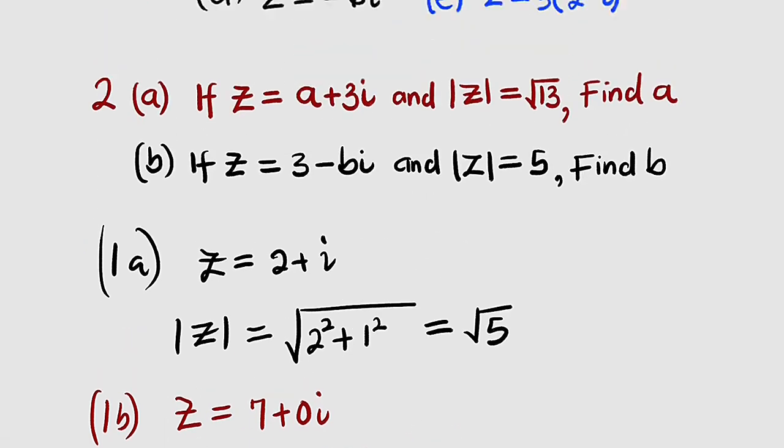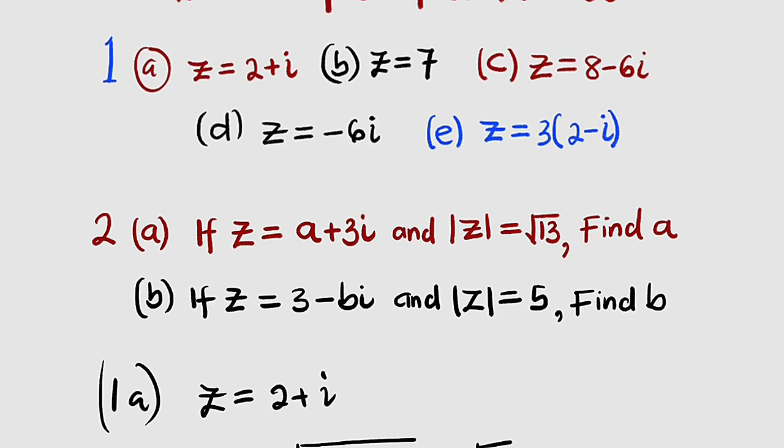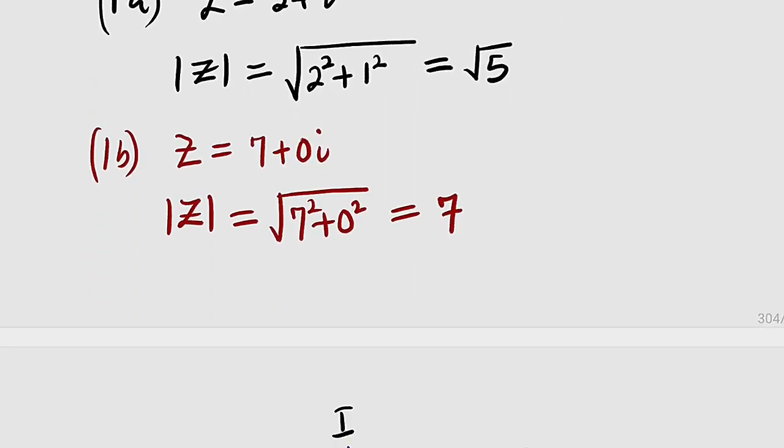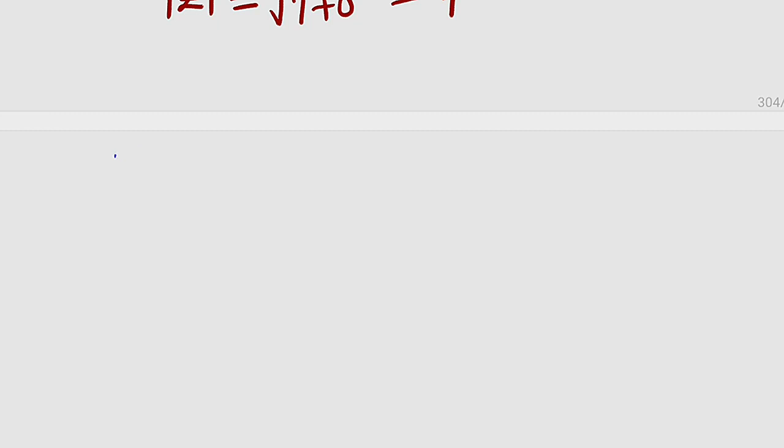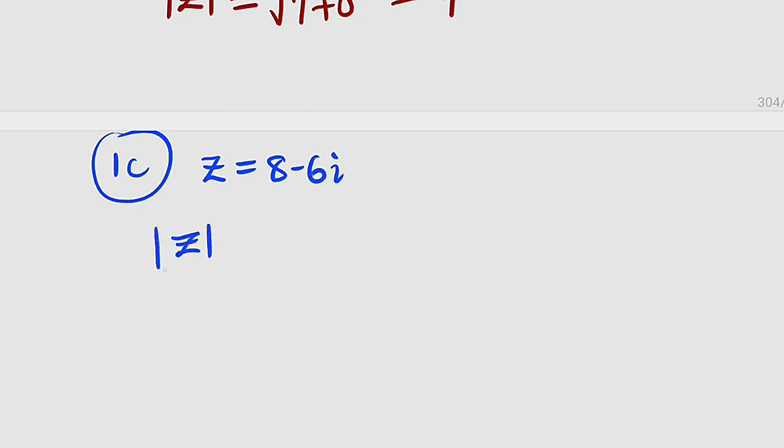Then 1C, we have Z equal to 8 minus 6i. Therefore, Z modulus is equal to the square root of 8 squared plus negative 6 squared.